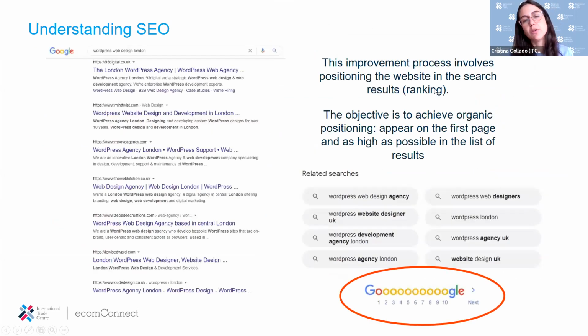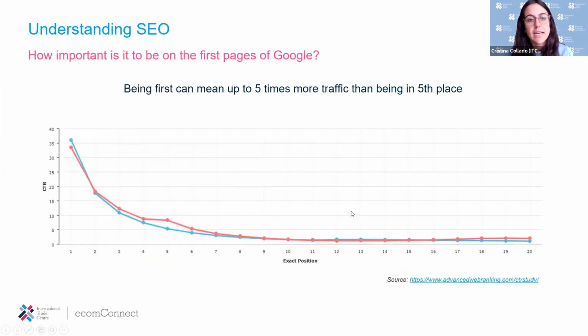But this optimization is a constant process, not just a one-time action. We need to do it constantly to position in the first pages of the search results. The goal would be to appear on the first page, but there's a lot of competition there, and you need to work constantly on this.